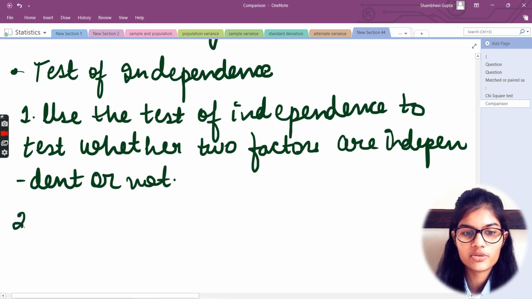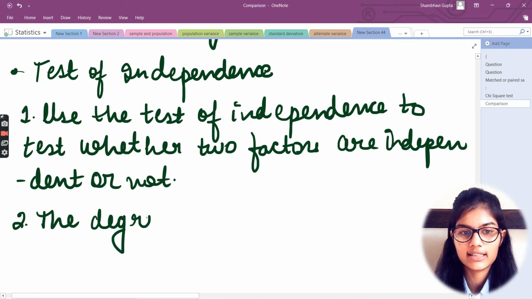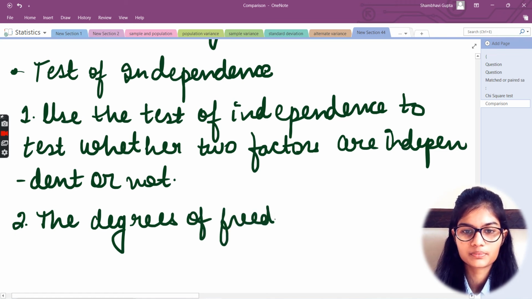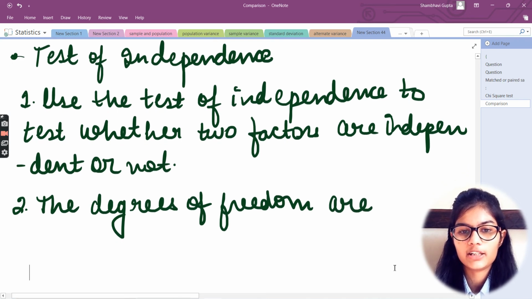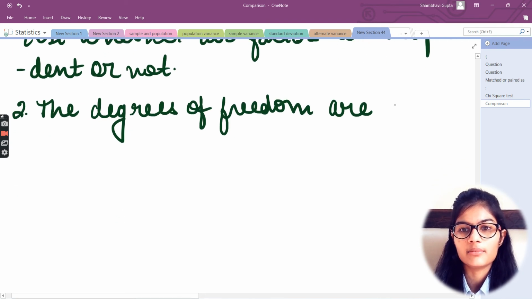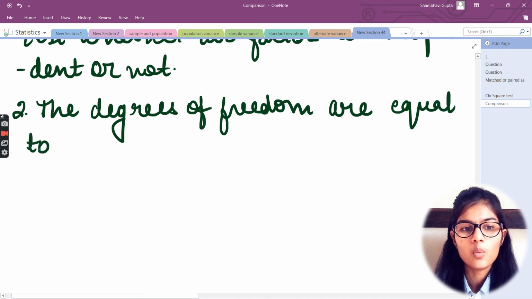Right, now the next point we have is the degrees of freedom. The degrees of freedom are equal to the number of columns minus 1 times the number of rows minus 1.